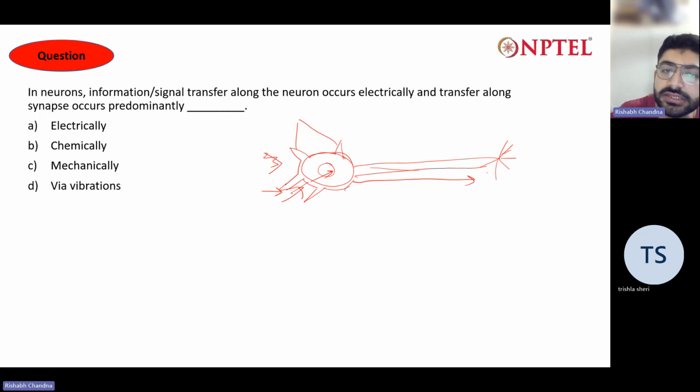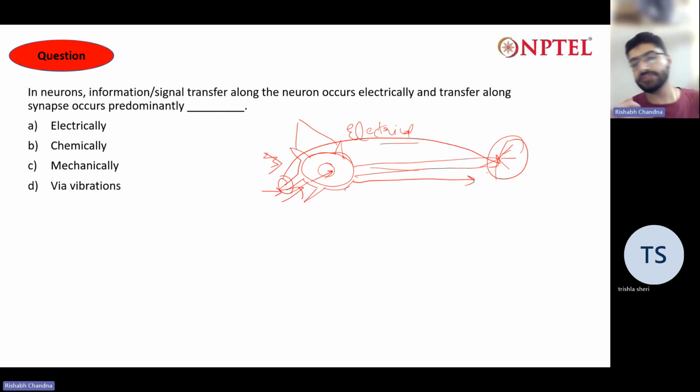So the signal that a neuron receives from the dendrite is transferred to the synaptic vesicle, the synaptic cleft, or the synapse part, through electrical means, in the form of an impulse. What happens is that certain gated channels open on receiving certain electrical responses.